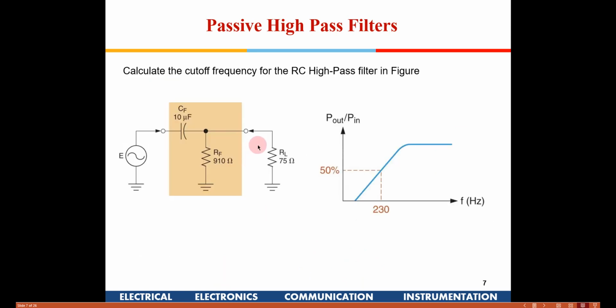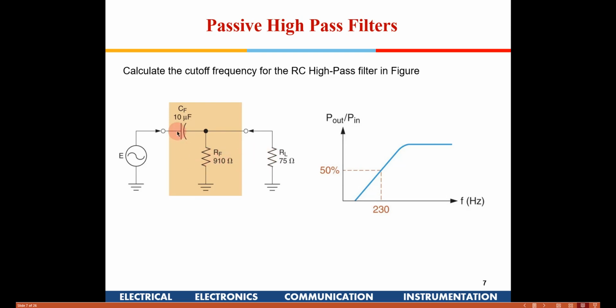Now if we take a simple example out here, calculate the cutoff frequency for an RC high pass filter. Now you will find in this particular case, if you are going to add a load resistance like this, it will actually be a parallel combination of these two resistances, right?